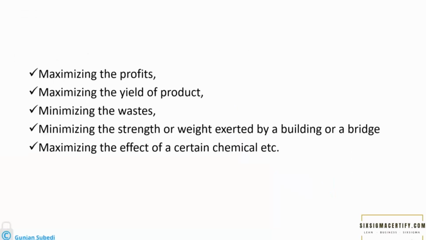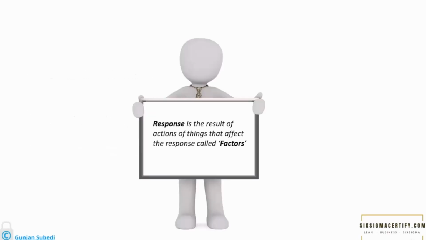Response can be maximizing the profits, maximizing the yield of the product, minimizing the waste, minimizing the strength or weight exerted by a wheeling or a bridge, or maximizing the effect of a certain chemical, etc. These are just some of the few examples of the response. One thing to understand is response is the result of action of things that affect the response, which are called factors.